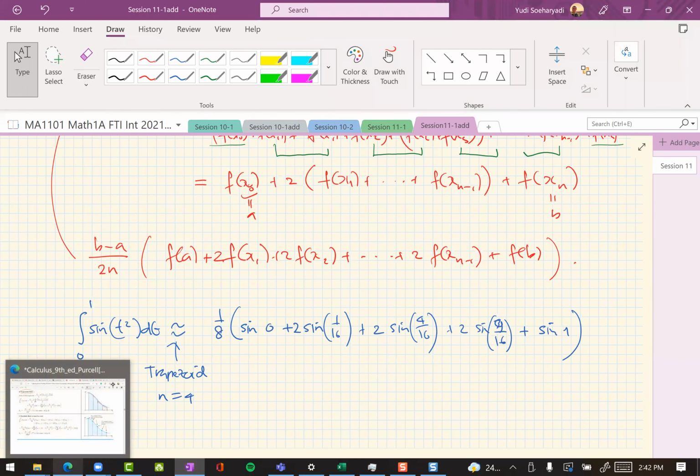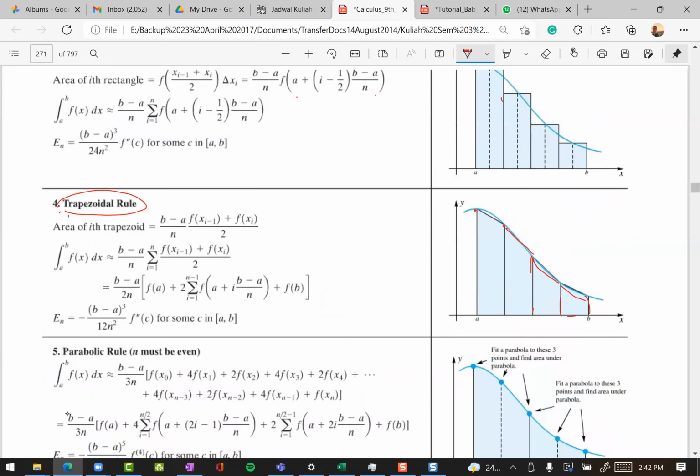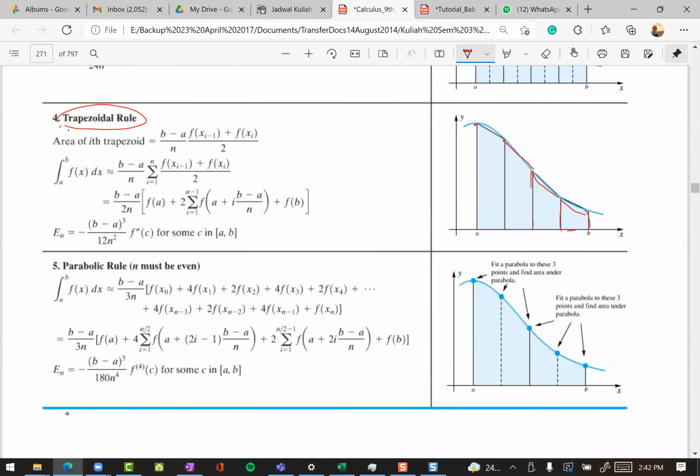So let's go back to this. This is the one that I would like to describe actually. So let me just say the fifth method is called the parabolic rule. N must be even. The coefficients for the trapezoid rule are 1, 2, 2, 2, 2, 2, 2, 2, and the last one is 1.